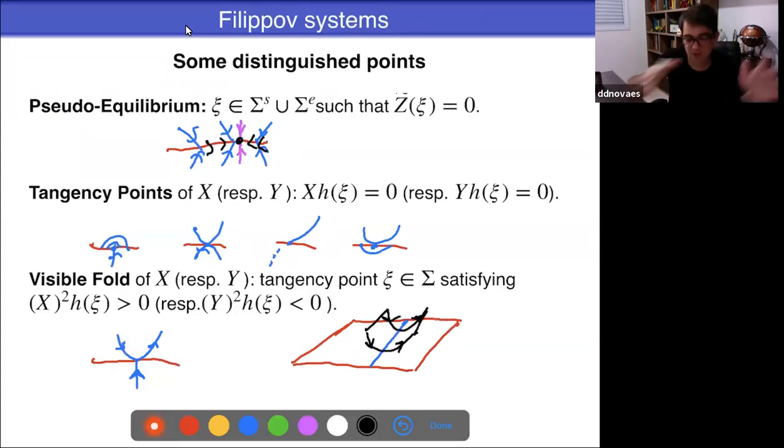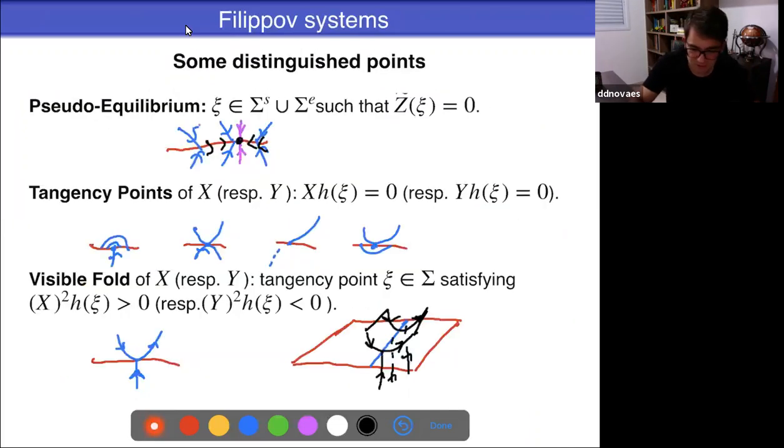You have a surface touching the switching, the discontinuous surface. And for the vector field below the discontinuous surface, we will assume that it's regular, it's transversal to the discontinuous surface. Okay, so this is the Filipov system.